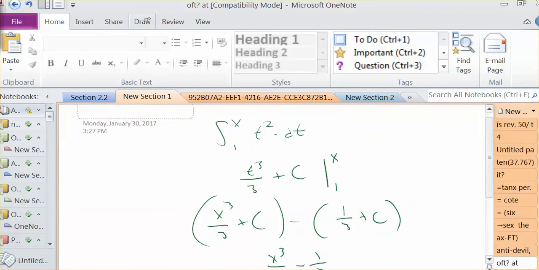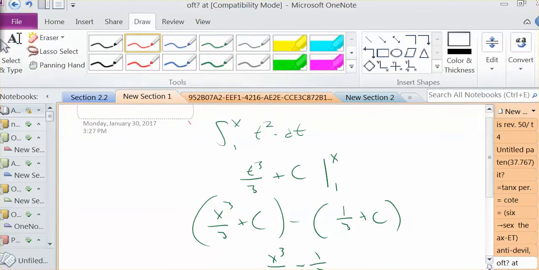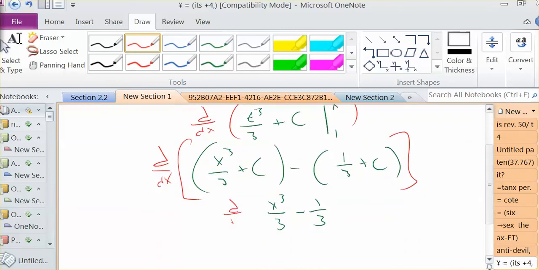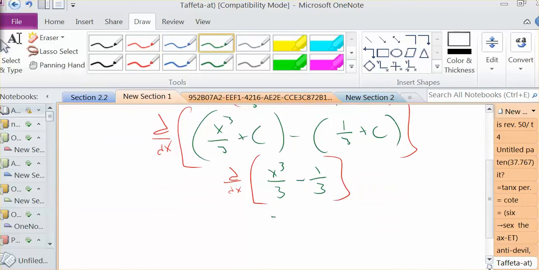But what if I also want to take the derivative of all of my work here? Well, we realize that when I take the derivative of x cubed over 3 minus 1/3, that's 3x squared over 3 minus 0, which of course is x squared.